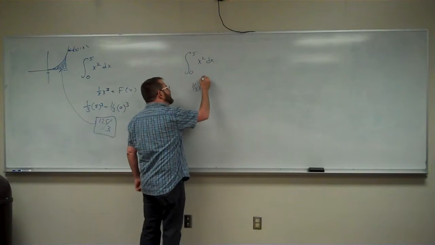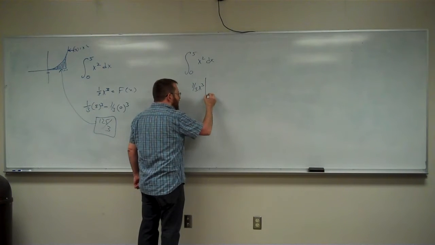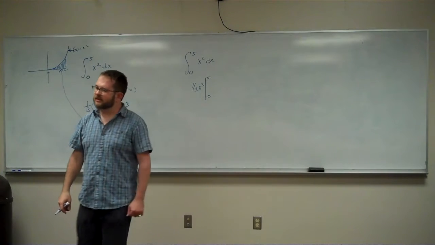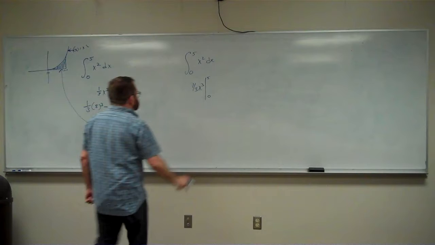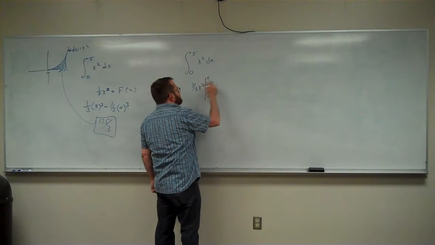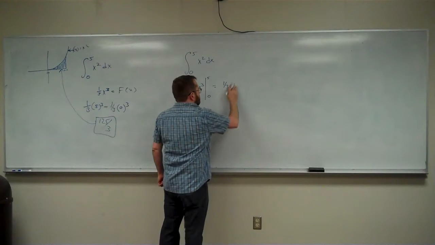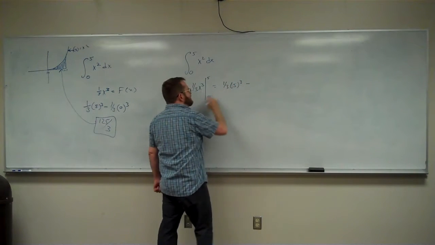The notation for doing that is a line with a and b's values at the top and bottom. That notation means plug this top thing in, minus, plug that bottom thing in.